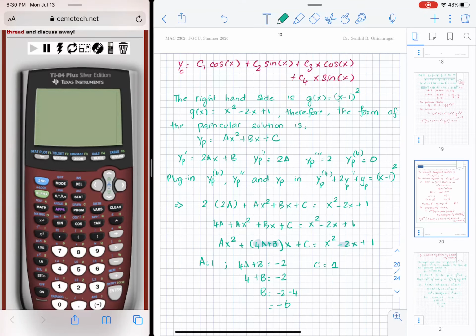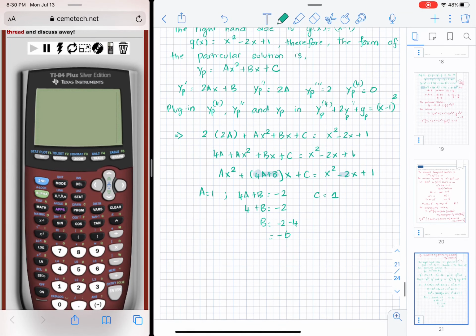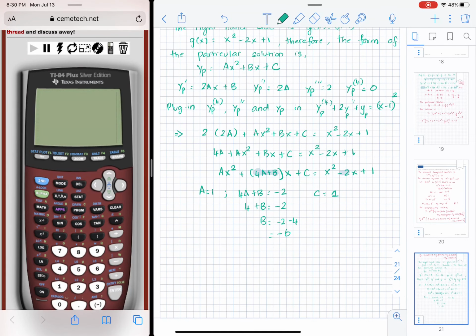So the particular solution yp is equal to a, which is x squared, b times x, negative 6x, and c is simply 1.